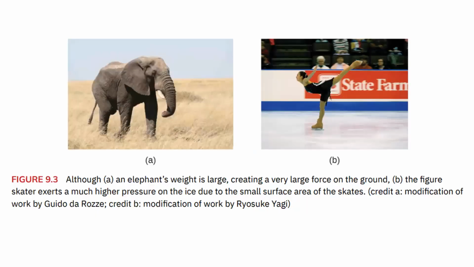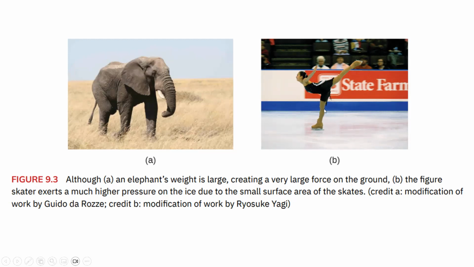And with it, one example we can use to understand this is if we think about an elephant versus an ice skater. So of course, the elephant's going to be much, much larger. It's going to be pushing down with much, much more force as it takes any of its steps. But then if you think about the size of the elephant's foot, it's going to be relatively large. So that force is going to be spread out over a relatively large area.